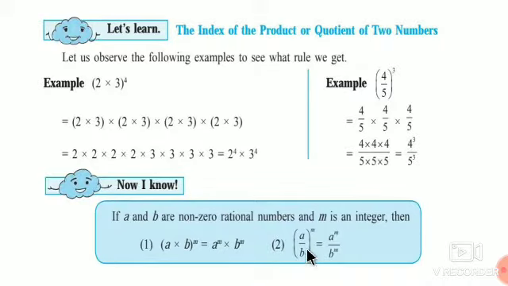Means this formula, a upon b whole raised to the power m is equal to a raised to the power m and b raised to the power m. Means the numbers inside the bracket, each one have the same power or same index.